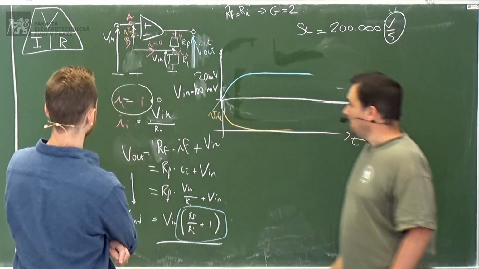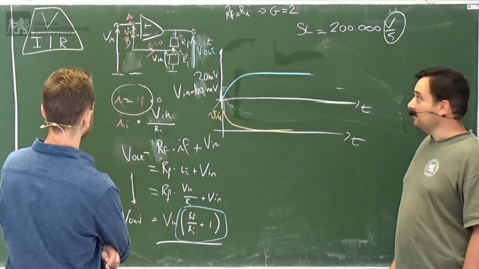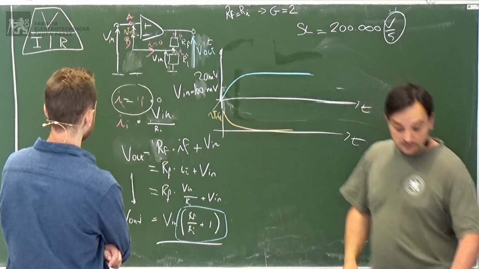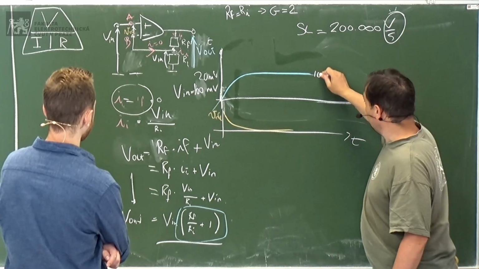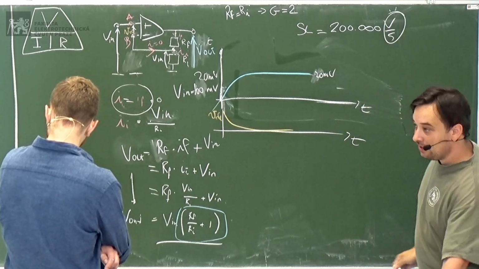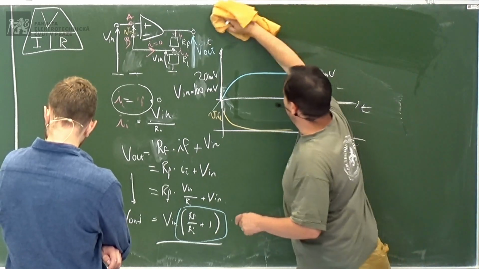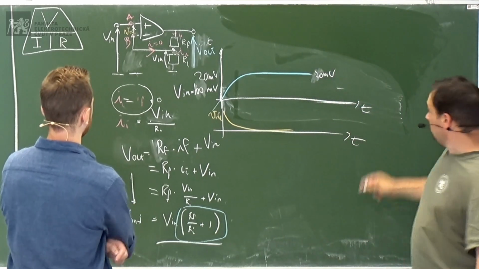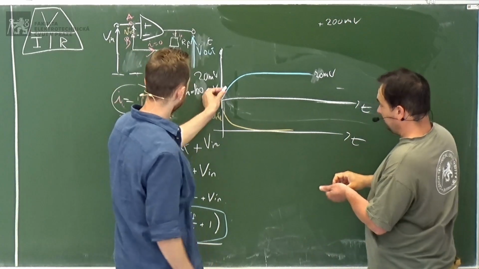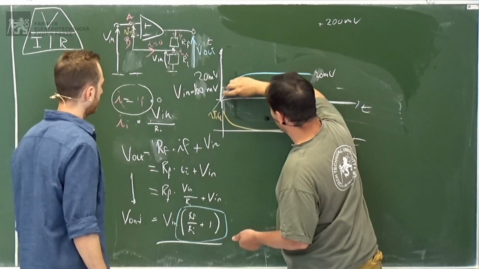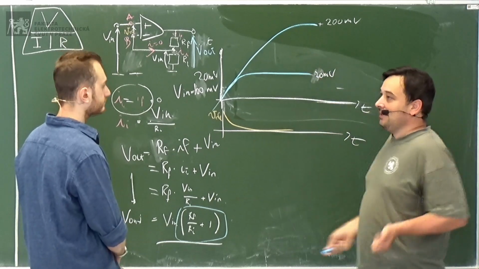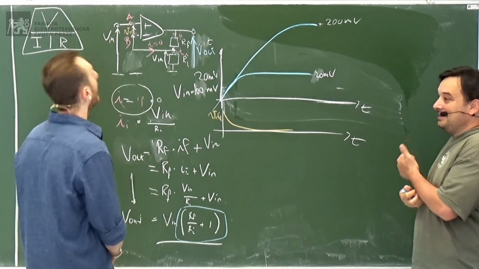Then the output will be 200 millivolts. So instead of arriving at 20 millivolts, the output of the amplifier will go to 200, but it will behave like this, because the slew rate is still there. You cannot make it go faster. That's the limit.